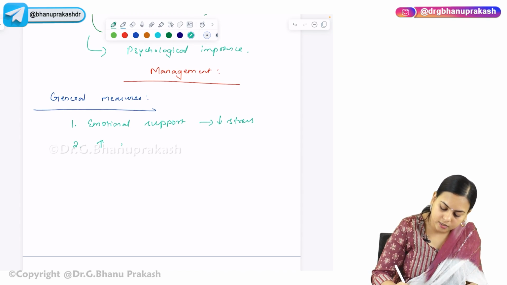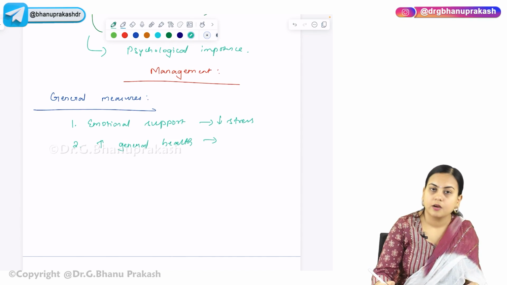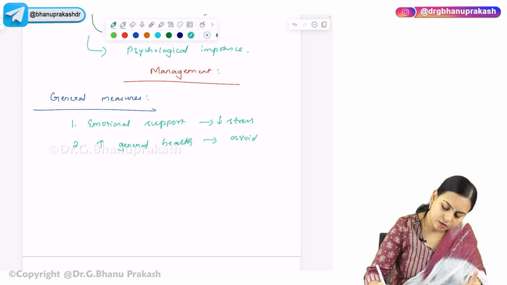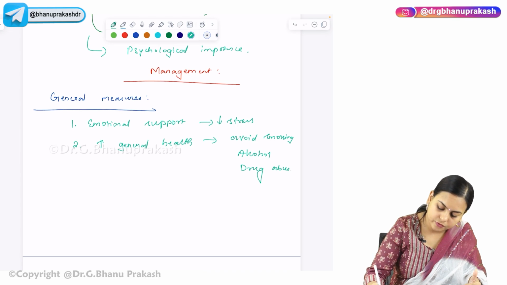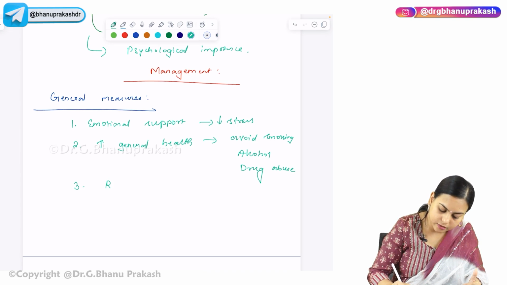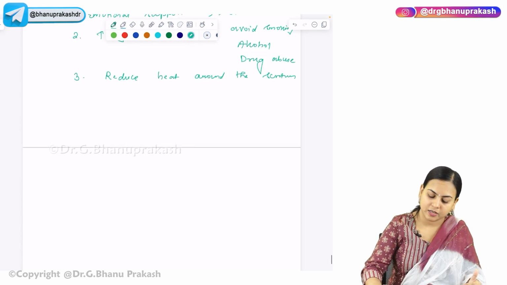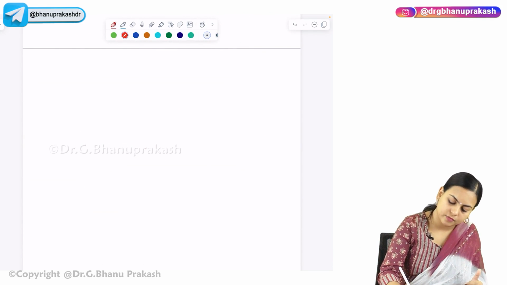Then improvement in general health means you have to ask them to avoid smoking, alcohol or drug abuse. Then you have to reduce heat around the scrotum as well. Okay. Now, the next one is medical management.